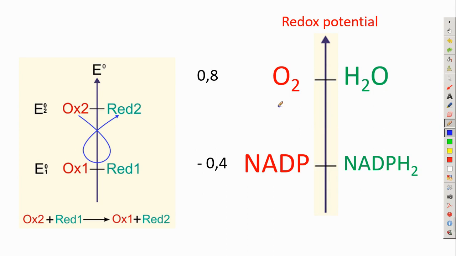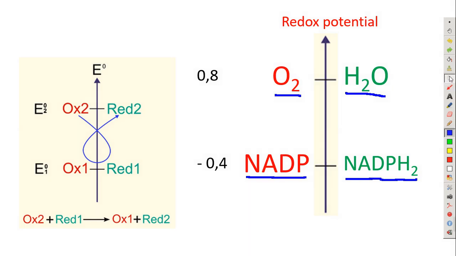So O2 is the oxidant. That means it's capable of taking electrons away from another molecule. H2O is the reductant. It's capable of giving electrons. NADP is the oxidant for couple 1. It is capable of taking electrons. And NADPH2 is the reductant of couple 1, and it's capable of giving electrons away.